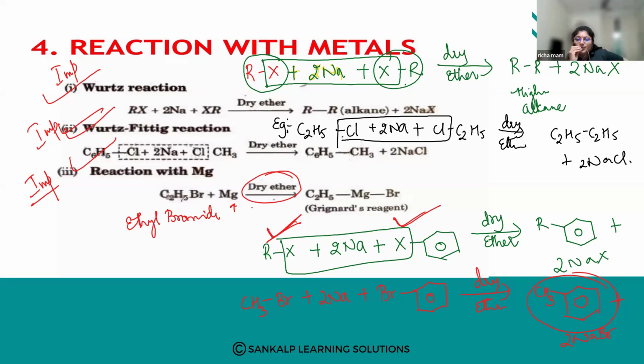So that is your ethyl bromide when it reacts with an active metal like magnesium in the presence of dry ether. I am going to get an organometallic compound. So this is the RMgX, that is your Grignard reagent. Okay, is it clear?